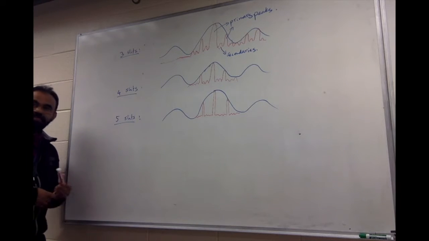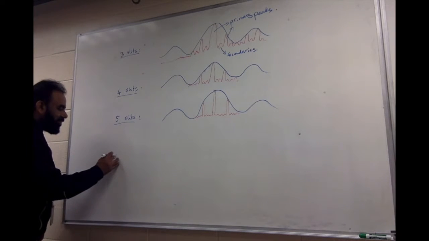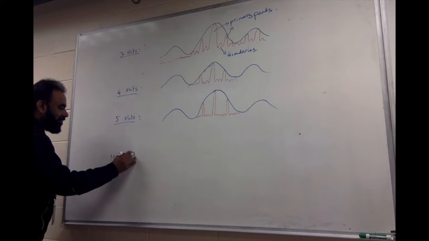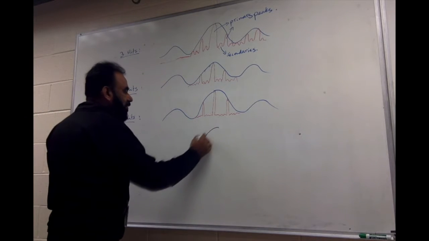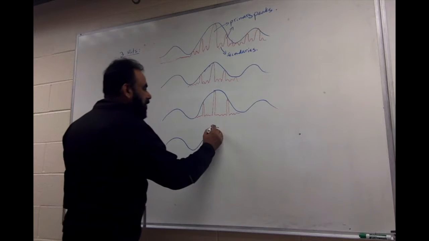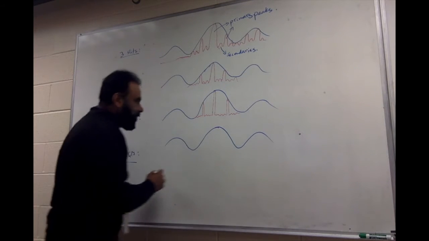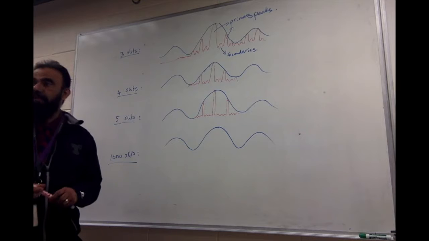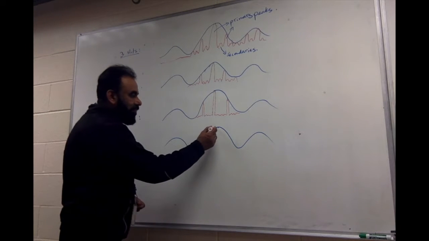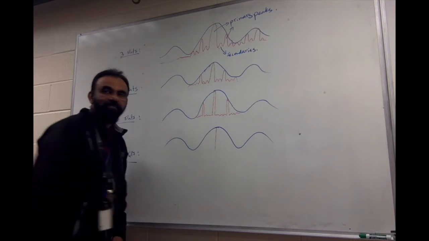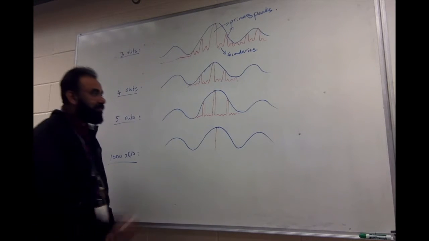So if you use 1,000 slits, it's a lot of secondaries. What will you see when you use 1,000 slits? The primaries are so narrow.